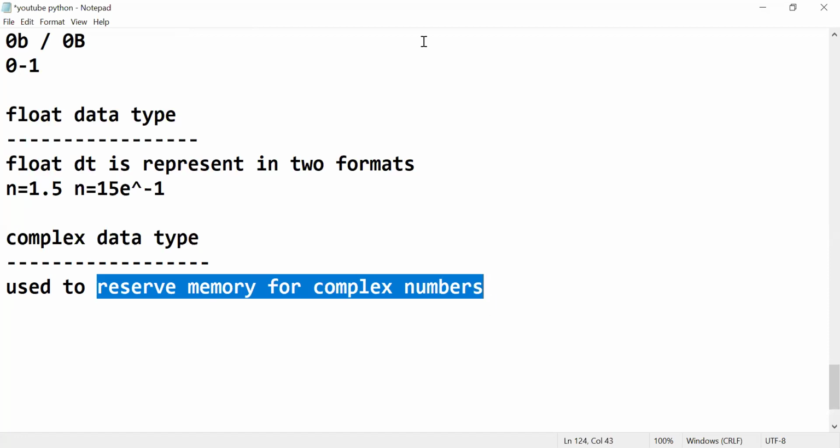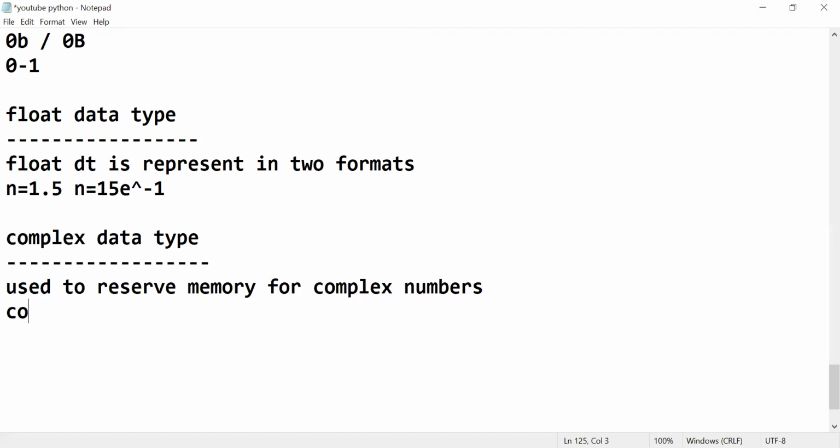Let's see with an example how to reserve memory for a complex value. Guys, in the complex data type, we have two values.